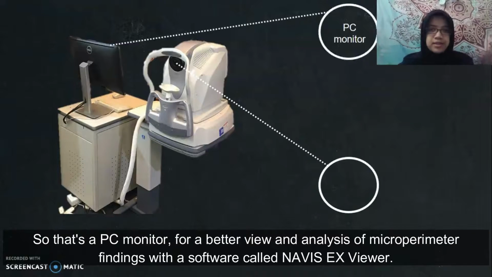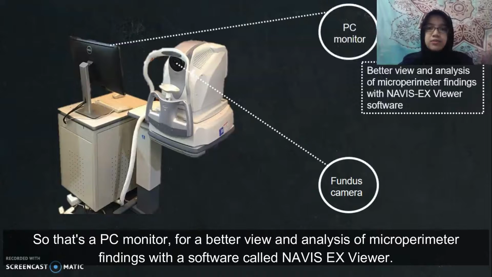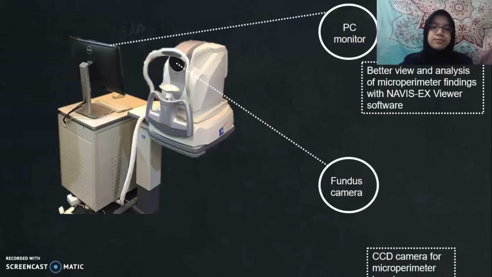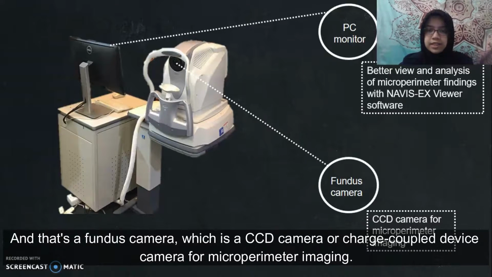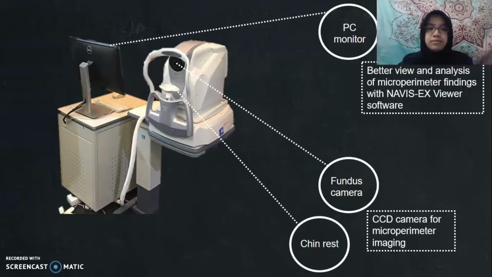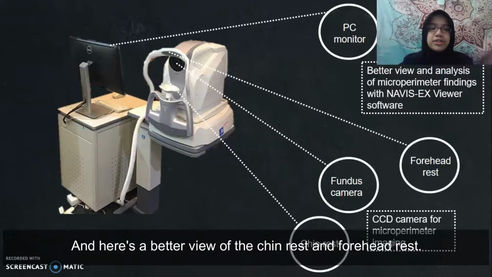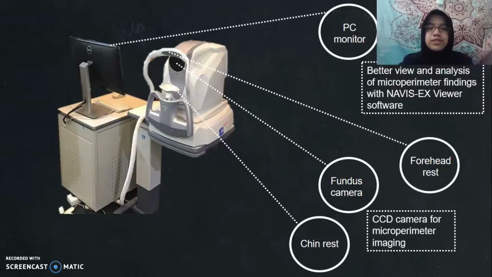So that's a PC monitor for a better view and analysis of microperimeter findings with software called NAVIS-EX Viewer. And that's a fundus camera, which is a CCD camera, or charge-coupled device camera, for microperimeter imaging. And here's a better view of the chin rest and forehead rest.